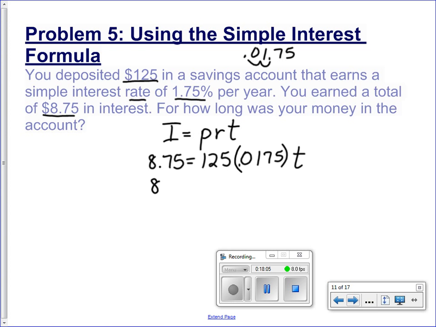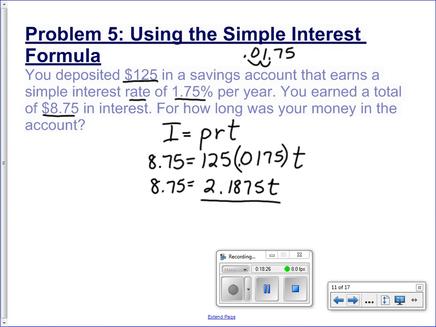All right, so let's solve our problem. We have 8.75 equals, we're going to take 125 times 0.0175, which gives us 2.1875 t.